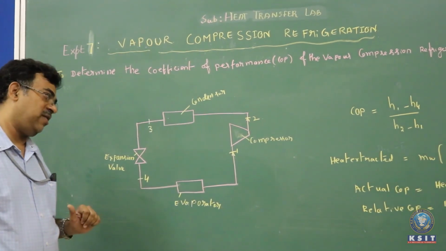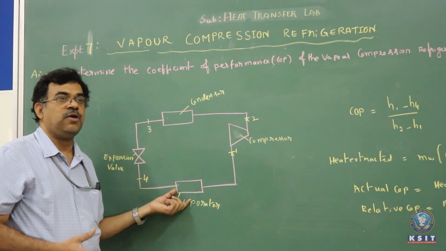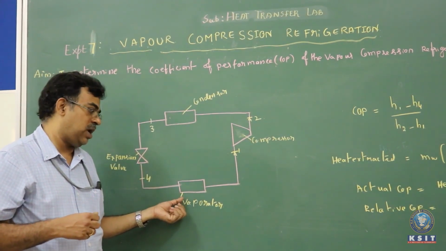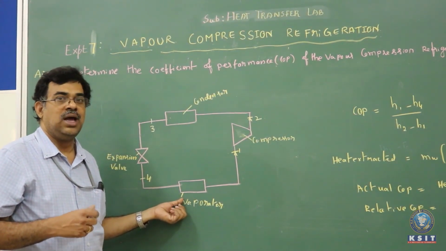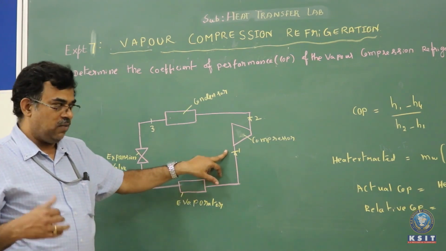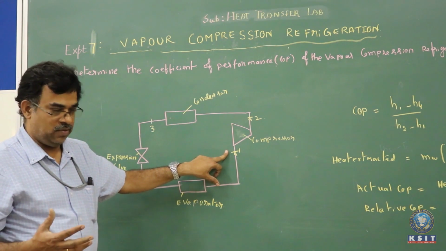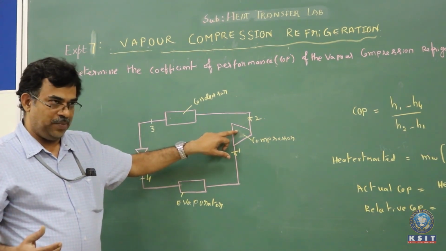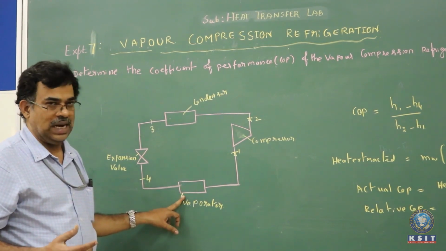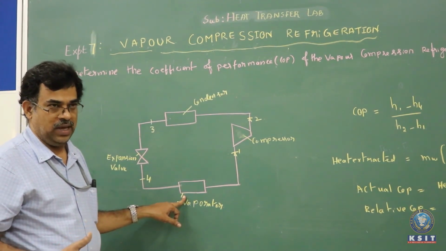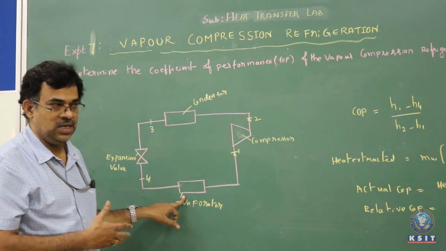Net refrigeration effect means how much heat is removed in the evaporator. You know the work input to the compressor and you know the net refrigeration effect, so you can calculate the COP of the refrigeration system.